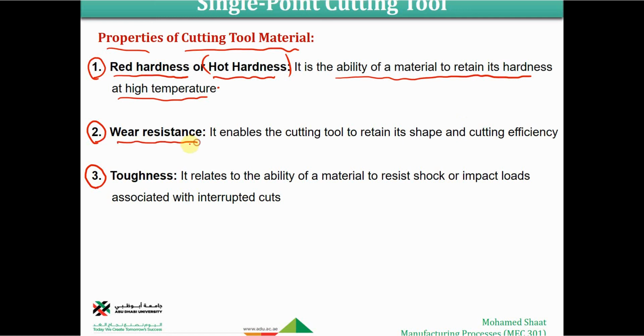Also, it should have high wear resistance. Wear resistance means that it enables the cutting tool to retain its shape and cutting efficiency for a longer time. We are going to call this the tool life. The tool life is how long you can use this tool without resharpening, like the knife at home. You have to resharpen the knife at home after a while, right?